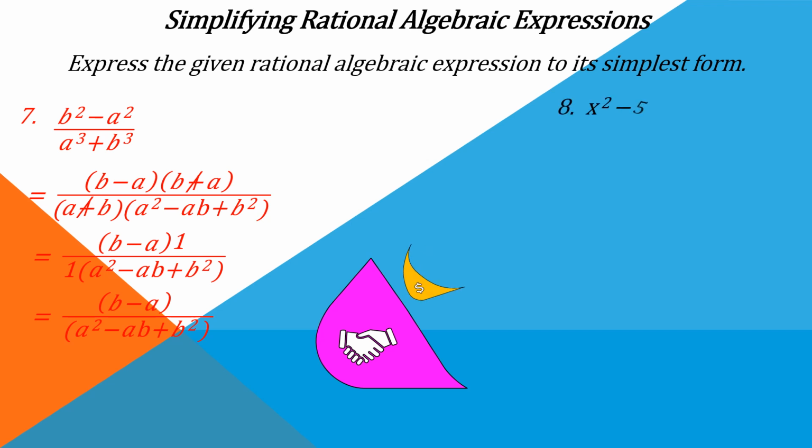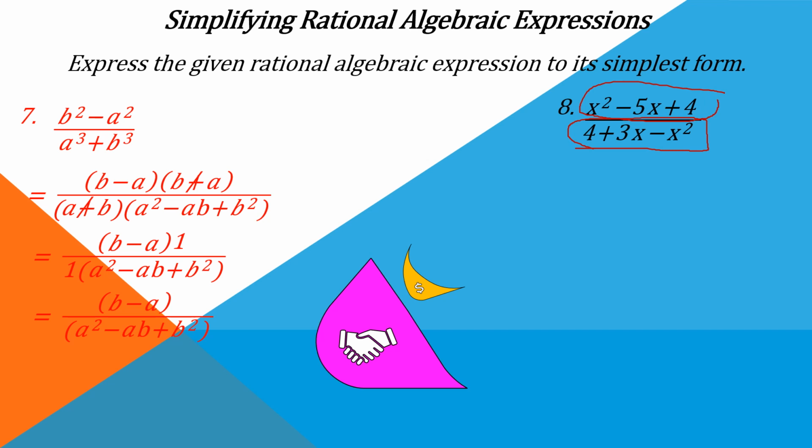Example number 8. x squared minus 5x plus 4 divided by 4 plus 3x minus x squared. In this example, we need to rearrange our denominator, and we will just factor the numerator, which is x squared minus 5x plus 4.